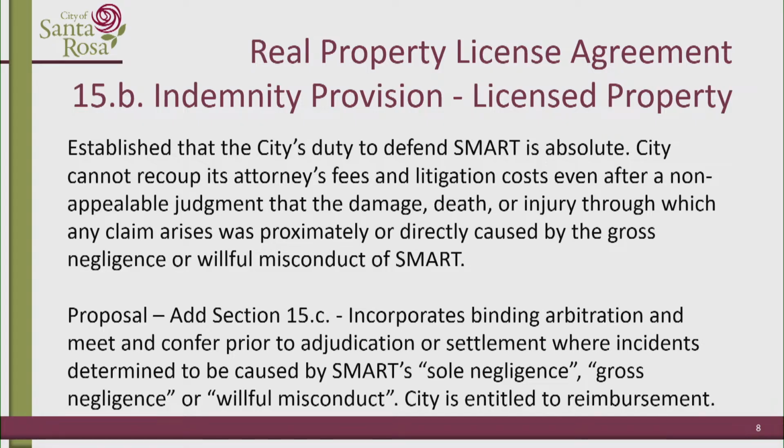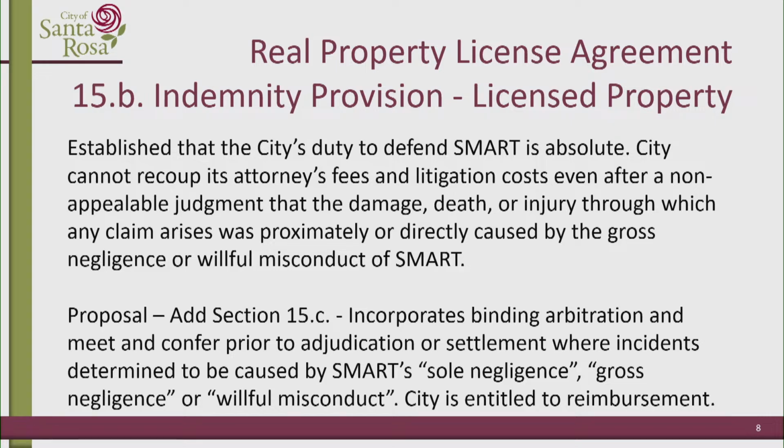And in the end, what we were able to arrive at as an agreeable resolution included statements relating to binding arbitration, which would allow us, in those instances where a court identified that SMART was solely or grossly negligent, or engaged in willful misconduct, the opportunity to use binding arbitration to determine the next steps. It also gave us an opportunity to have mediation among the agencies prior to SMART instigating any settlement agreements.